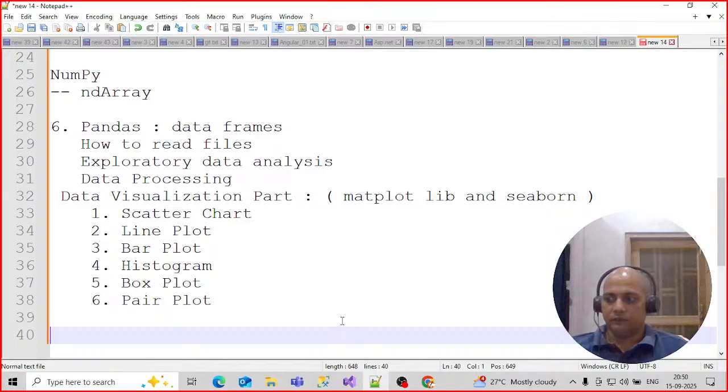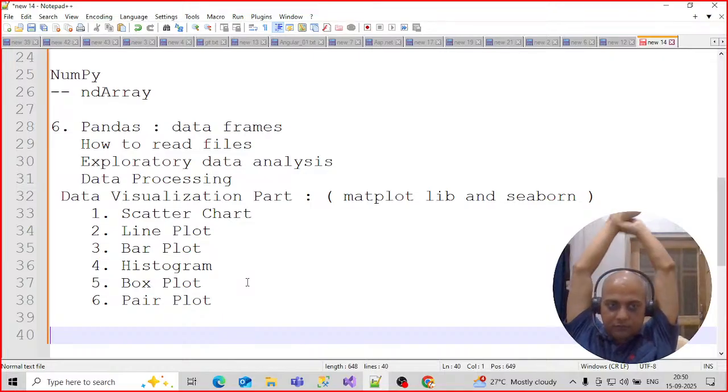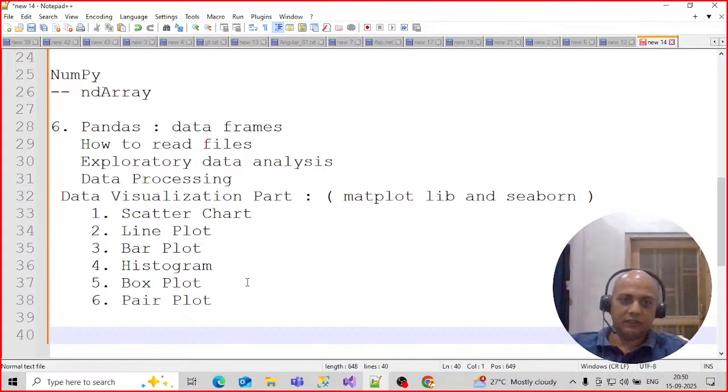Okay, and we will be using many control structures as well. Control structures means control statements, conditioning, all that.